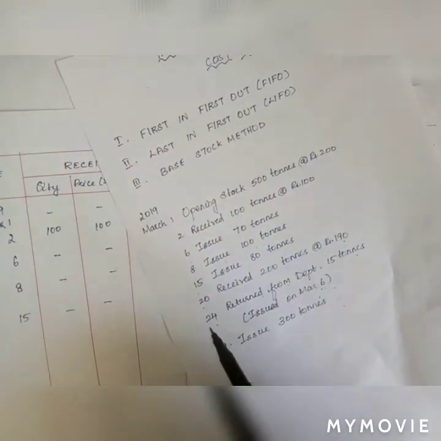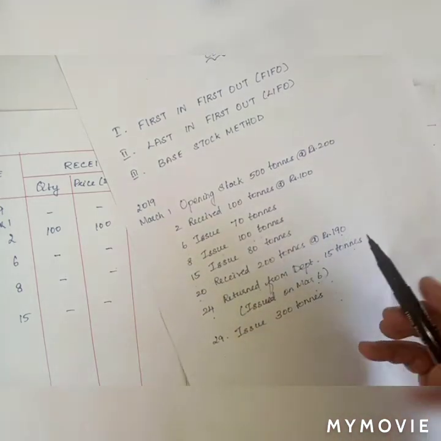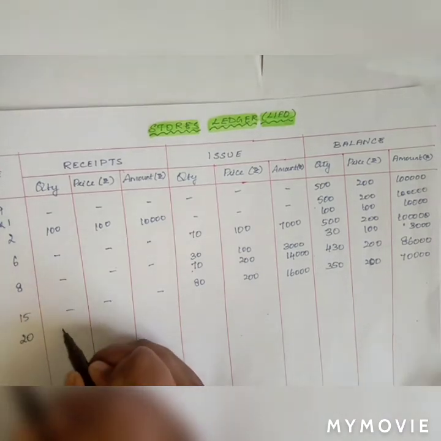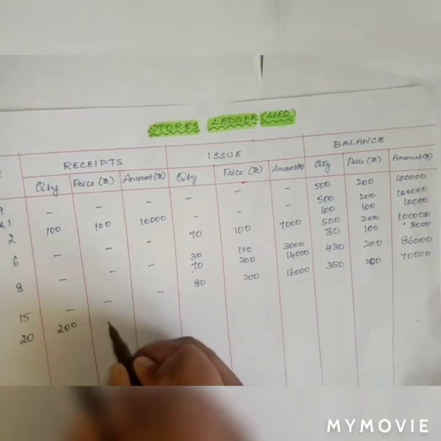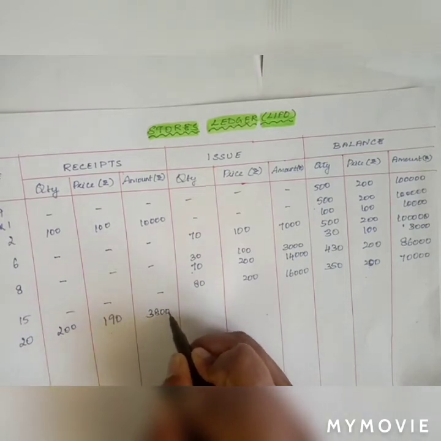Now the next one on 20th, you can see received 200 tons at 190 rupees each. Now it is a receipt, so you have to enter it in the receipt column. Received 200 tons at 190 rupees each, which is 38,000.